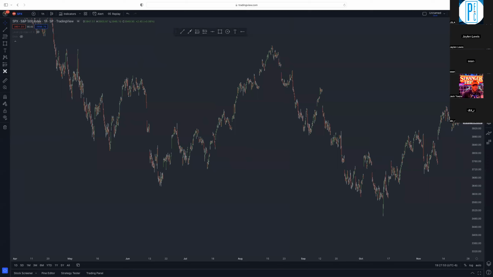So when we plot our levels, what is the first thing that we want to look for when you're plotting the levels? Anybody know? Aggressive moves, right? That's number one, right? We want to look for aggressive moves, major touches, right?